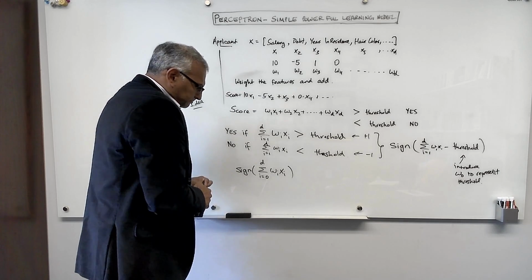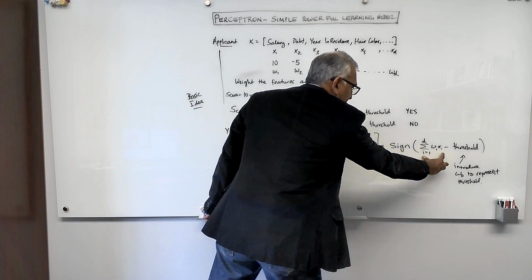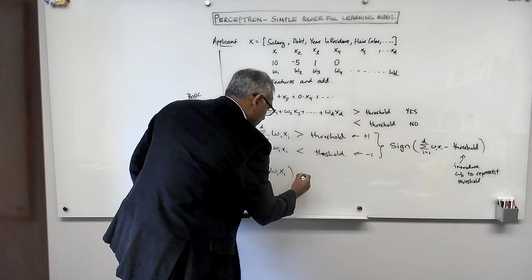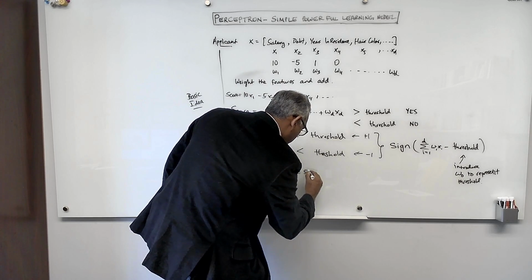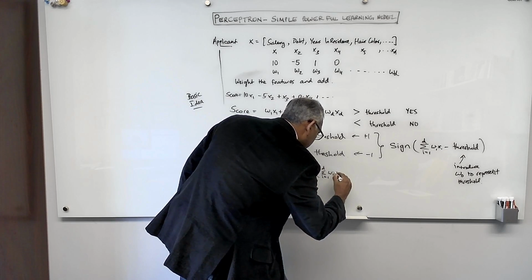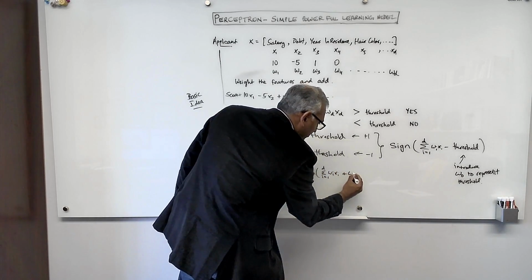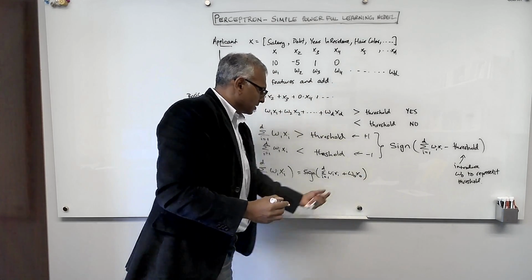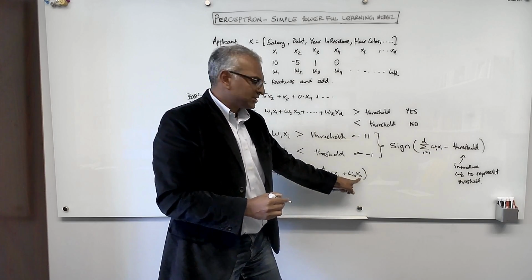Now, the i equals 1 to d part of this is exactly what appears here. So this is equal to the sign of the sum from i equals 1 to d of w_i x_i plus the i equals 0 term, w_0 x_0. So this will equal that whenever x_0 is always set to 1.